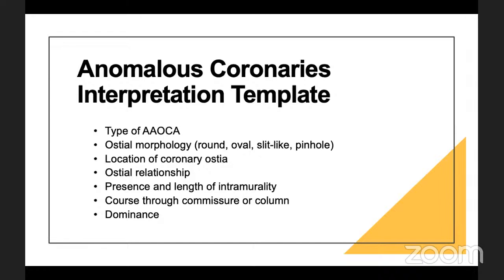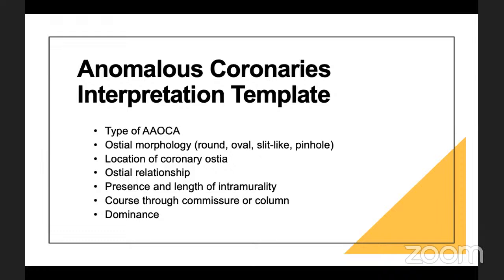This is very important for assessing the chances of an intramural course or stenosis, and of course the position of the coronary ostium related to the other components of the aortic root, and the relationship between the two ostia, the left and the right coronary artery ostium. That is also important to recognize the main diagnostic elements that suggest the presence and the length of intramurality.